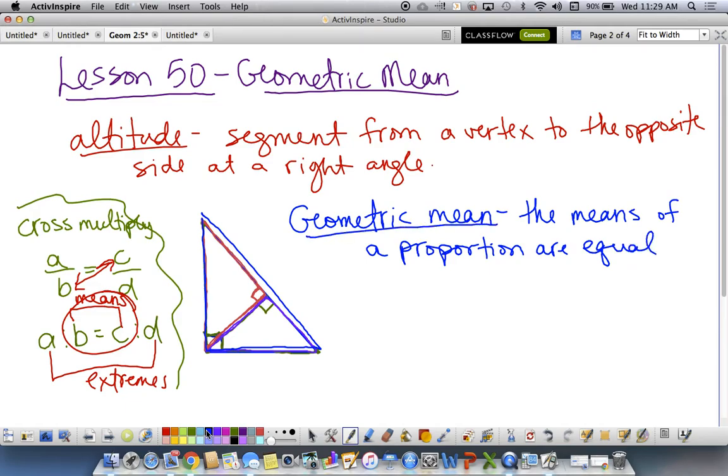Then I'm going to use their A over X equals X over B, which means X is the geometric mean.